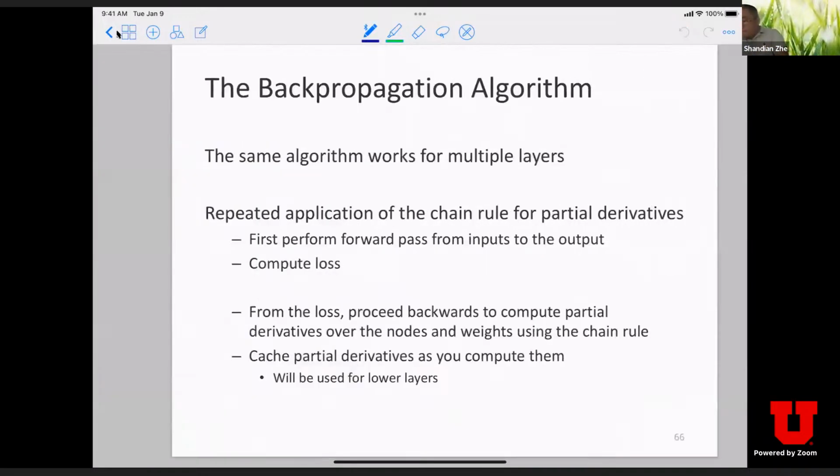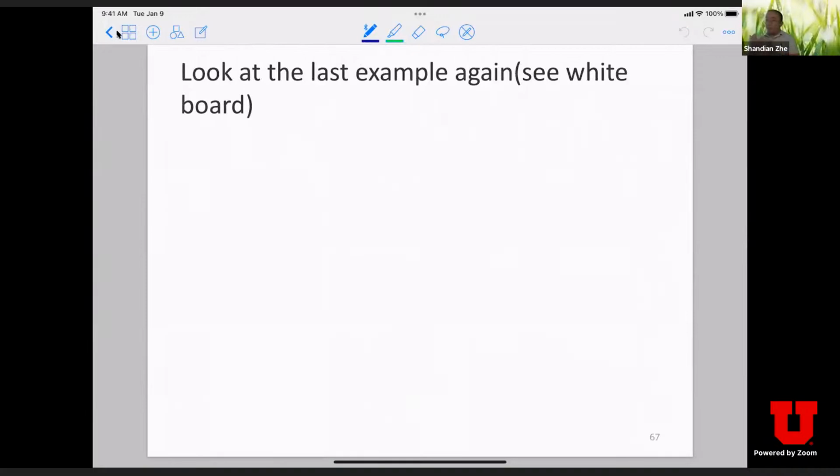Okay, so I'm gonna write this example again.